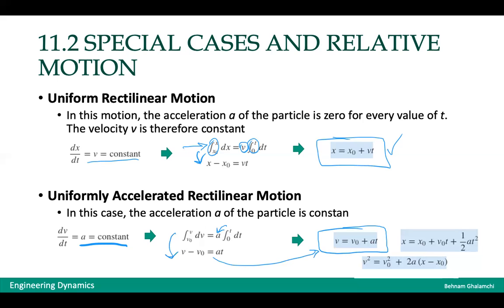Also, we know that v is equal to dx over dt. If we substitute it and take another integral, that will be the equation for the position. We can find it from there.